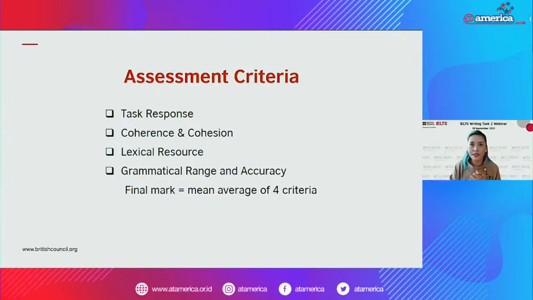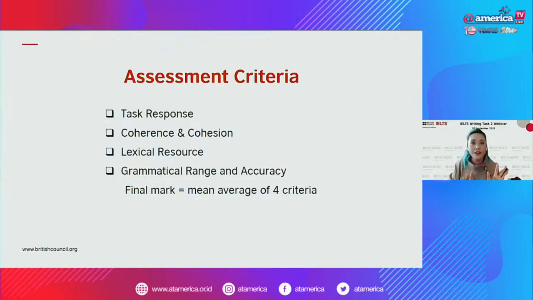Perhaps as an illustration, because we did mention that writing task 2 weighs 2/3 of the whole writing score, let's imagine that you did very well in your writing task 1. Let's say you got a 7, but not so good in writing task 2. Let's say you get a 5, double that.